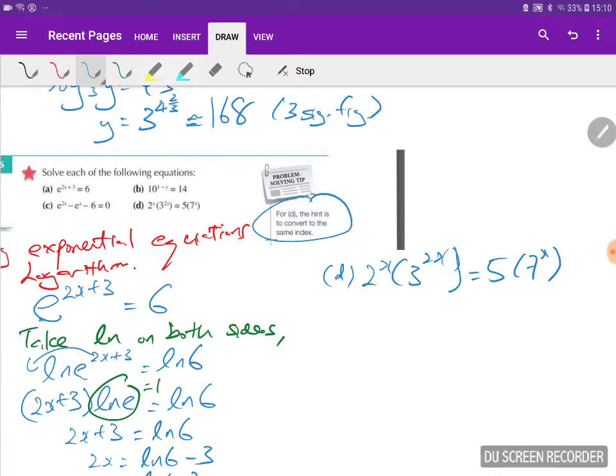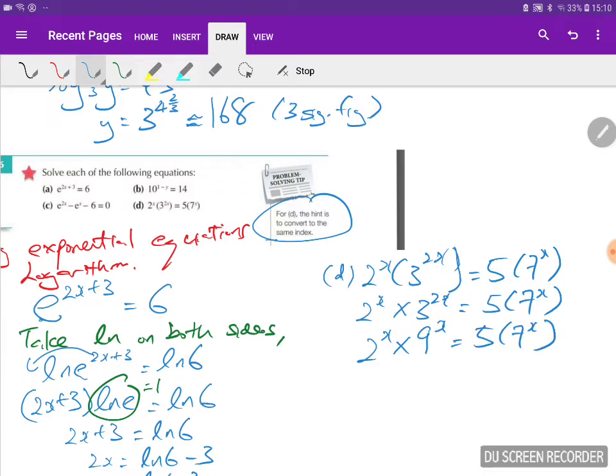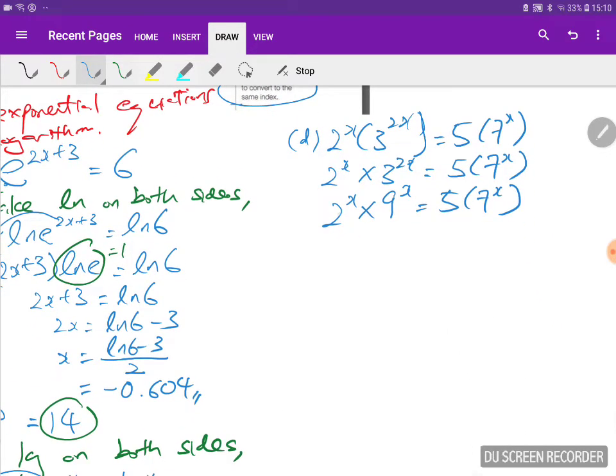Convert into the same index. You can see that this is 2 to the power x times 3 to the power 2x equals 5 times 7 to the power x. 2 to the power x times 3 to the power 2x is actually 9 to the power x. 2 to the power x times 9 to the power x is 18 to the power x.